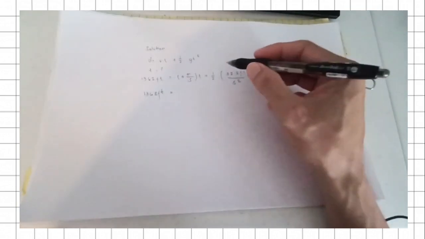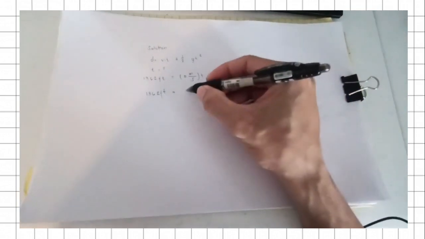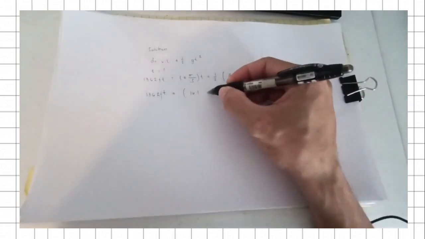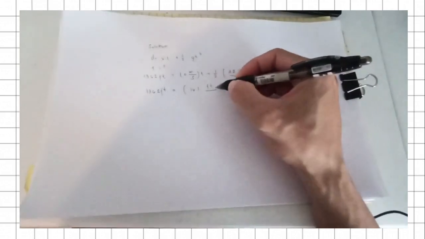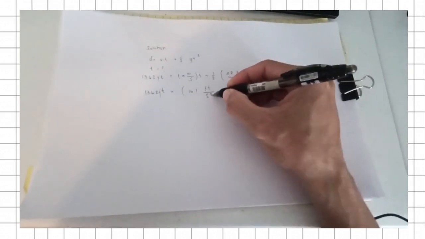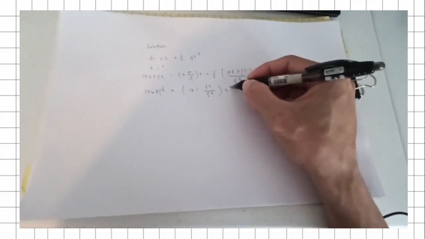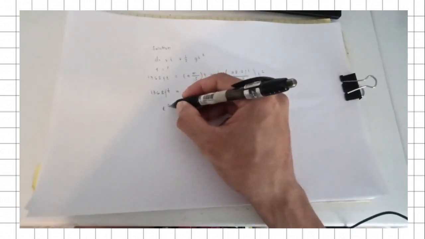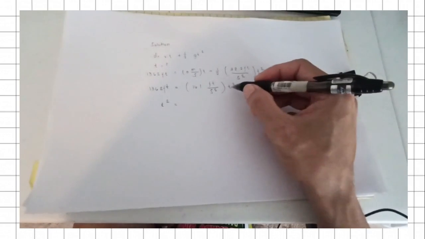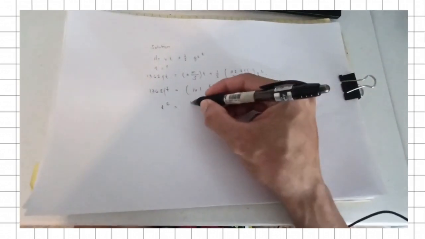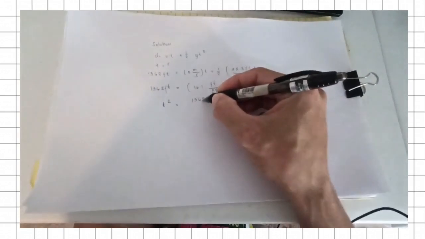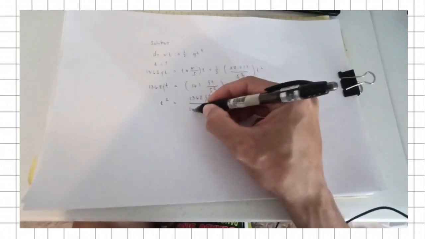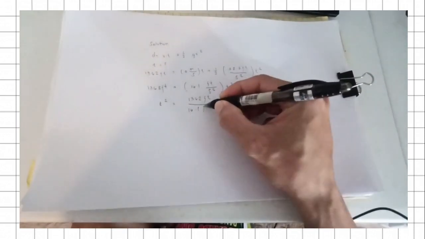And then solve the given provided. The answer is 16.1 feet over second squared. And then solve the time squared. 1,362 feet over 16.1 feet over second squared.